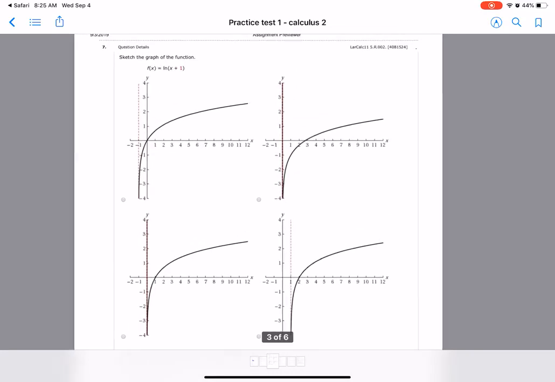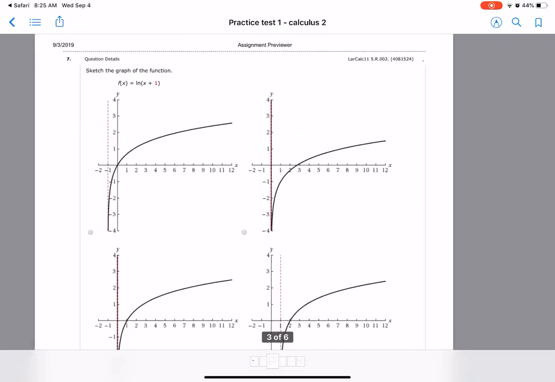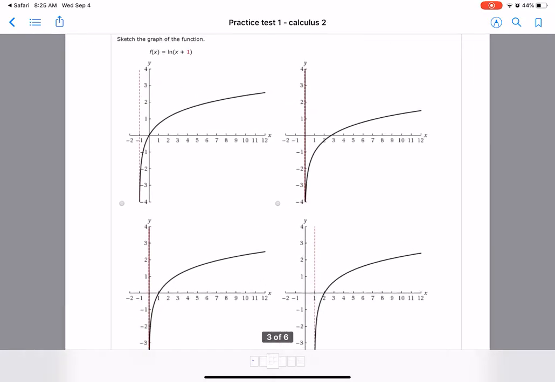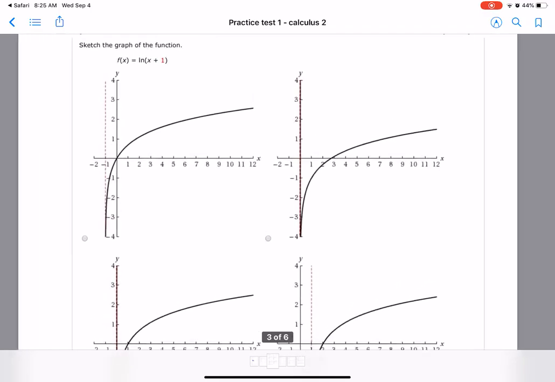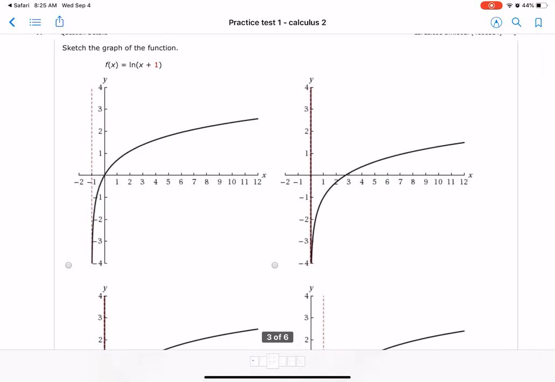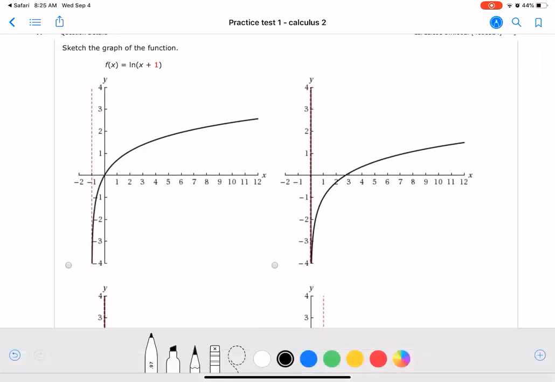This problem is pretty easy. I just want to warn you to remember how to get a graph of a new function from old functions, right? So in here, they ask you to see the graph of this guy, ln of x plus 1, right?